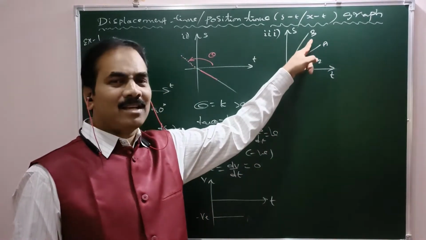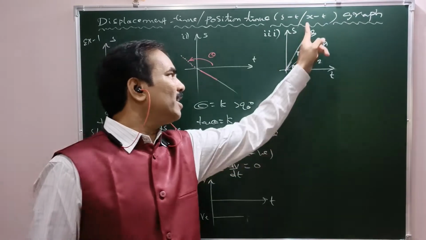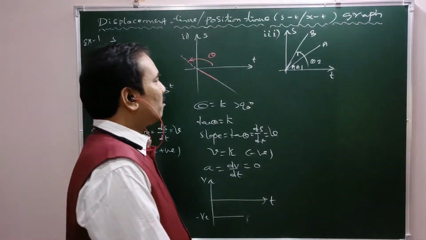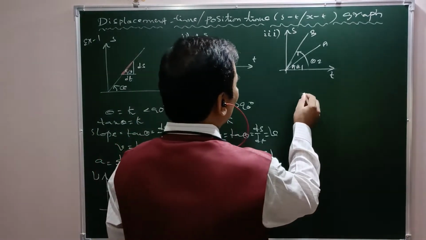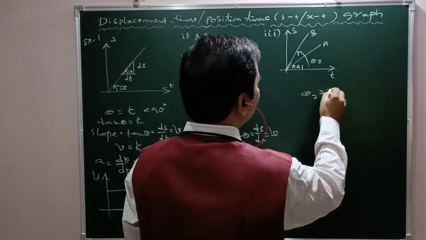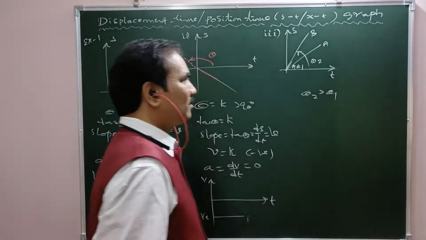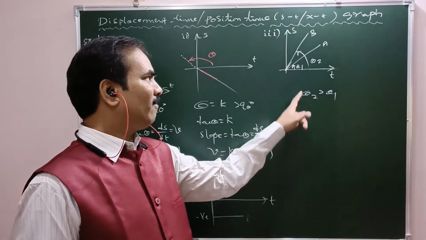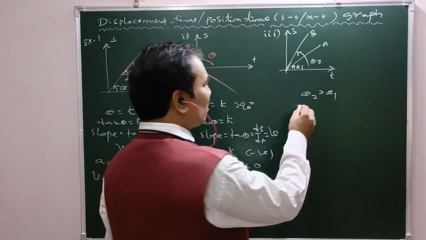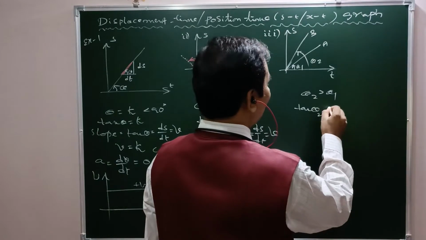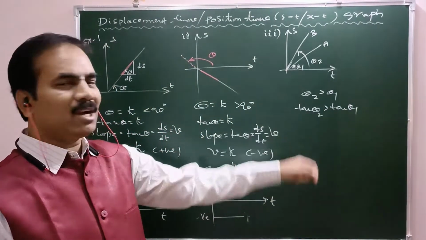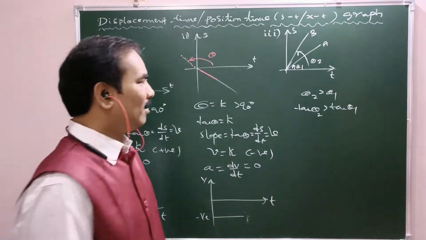Similarly, as far as B is concerned, theta 2 also constant, but theta 1 is not equal to theta 2, right? So here theta 2 is greater than theta 1. The slope angle for B is greater than that of A. Am I right? So this implies tan theta 2 greater than tan theta 1.